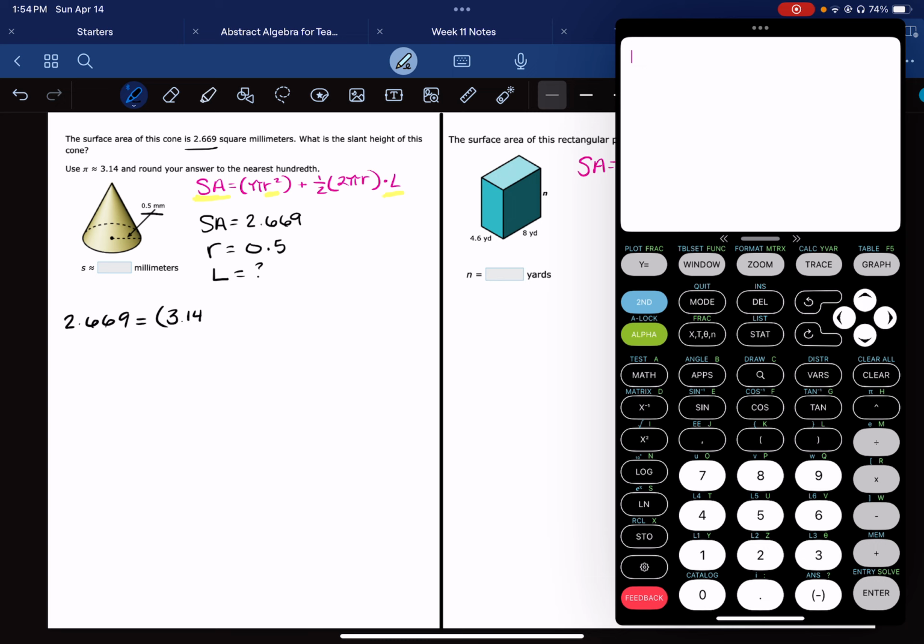I'm replacing the pi symbol with the number 3.14 because the problem is asking us to use that. Times the radius, which is 0.5 squared, plus 1/2 times 2 times 3.14 times 0.5 times L.